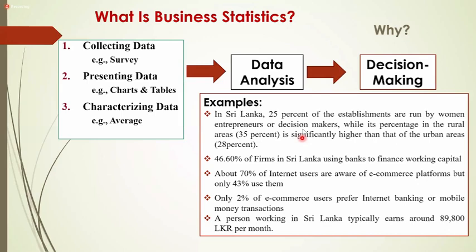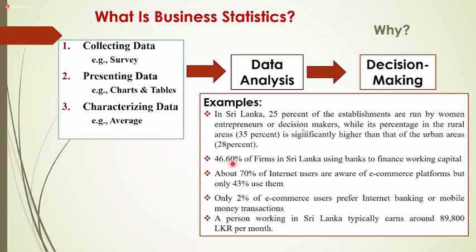So this is a very good finding. We can conclude that most of the women entrepreneurs are coming from the rural areas. To come to this conclusion and decision, statistics provides so much help.